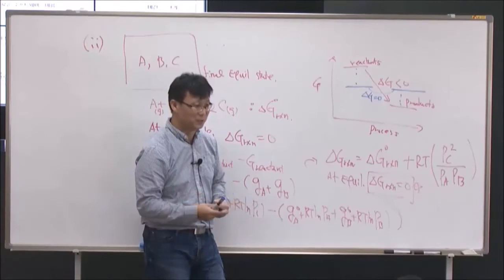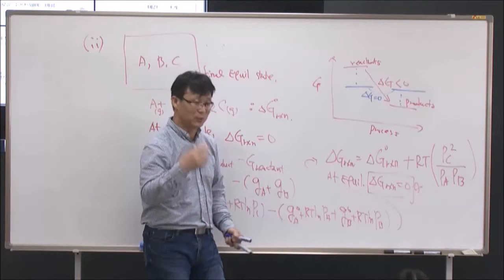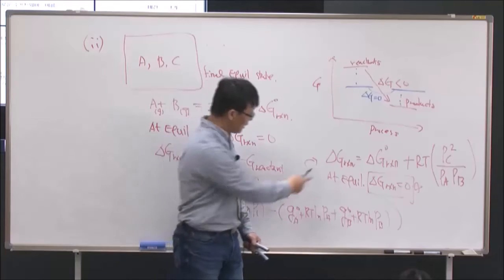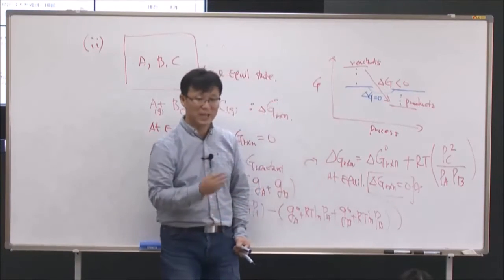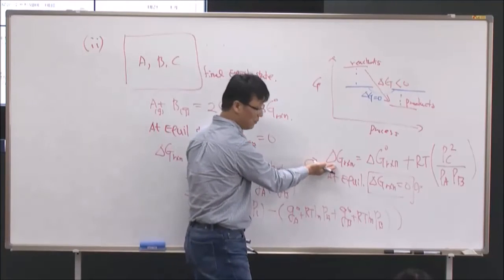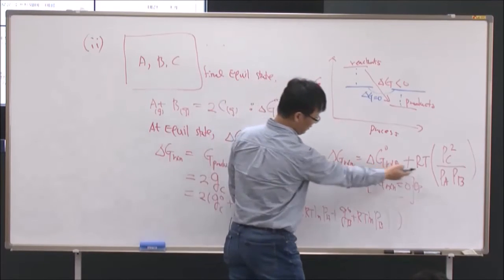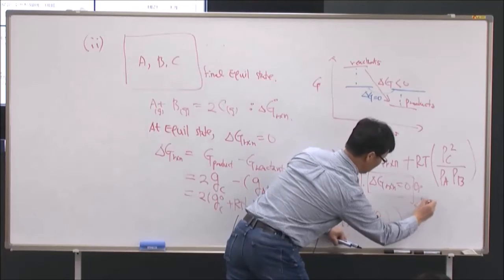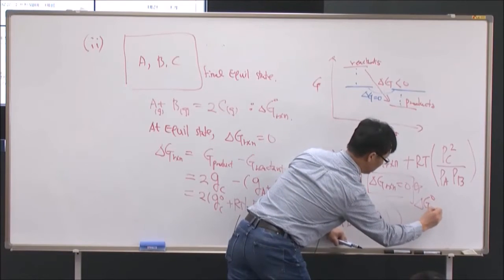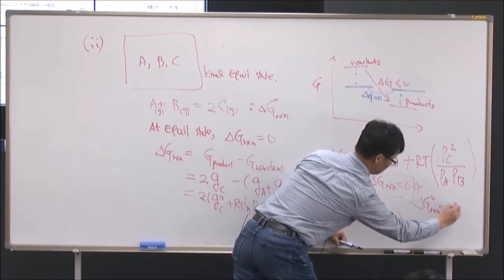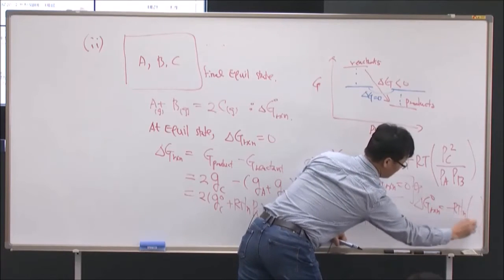There's always some value. Okay? Or plus or minus, whatever it is. The delta G of reaction should be 0 at equilibrium state. So this is 0. Then if you do this, this equation eventually becomes delta G naught of reaction equal to minus RT ln this value here.